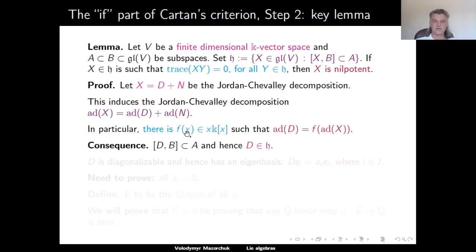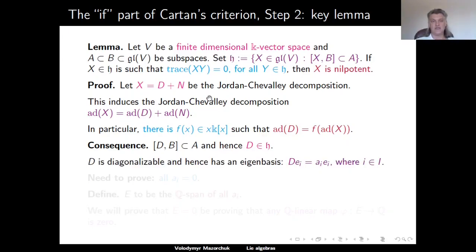But from this, it follows that the operator D, when commuted with any element in B, gives an element in A, simply because ad D is just a linear combination of ad X, ad X squared, and so on, and of course ad X and ad X squared and so on, they all have this property. So this implies that D is an element of our set H.